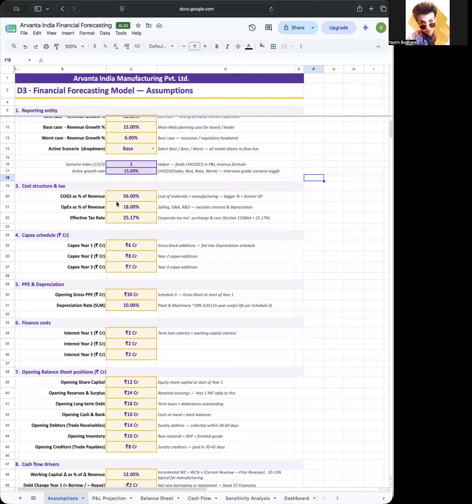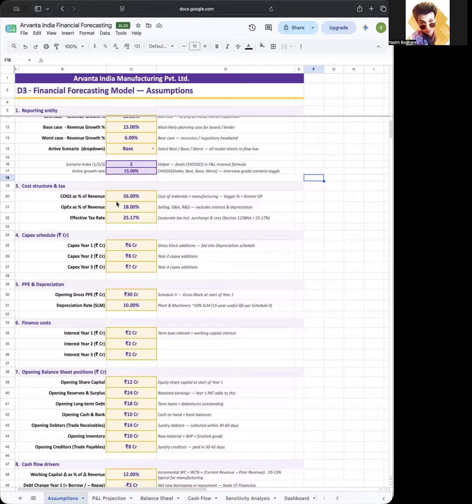Now, COGS is assumed to be 56% of revenue. This means that for every 100 rupees earned in revenue, approximately 56 is spent directly on producing the goods sold. The remaining 44% represents gross profit. Therefore, gross profit margin is 100% minus 56%, that is 44%.